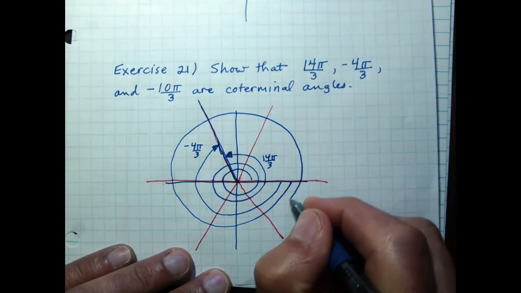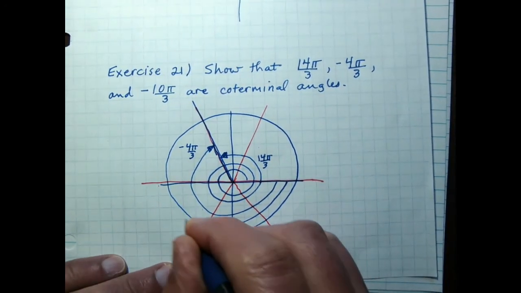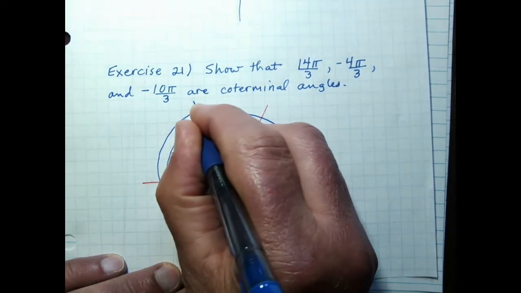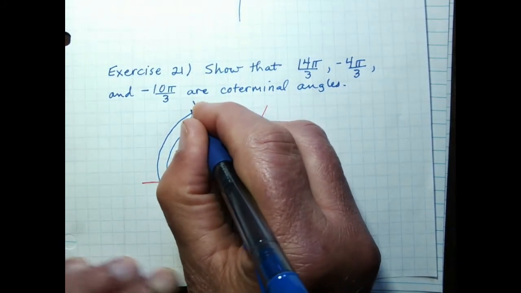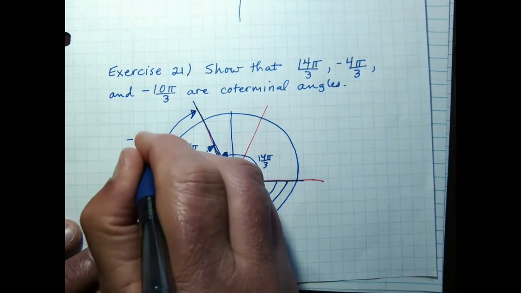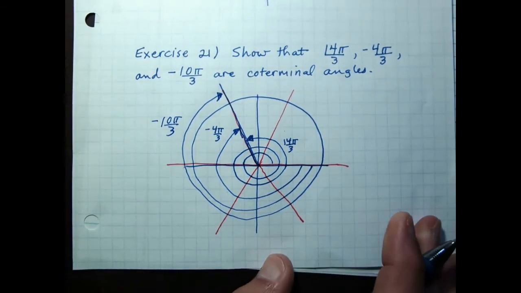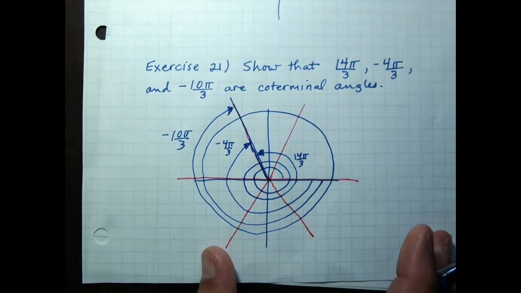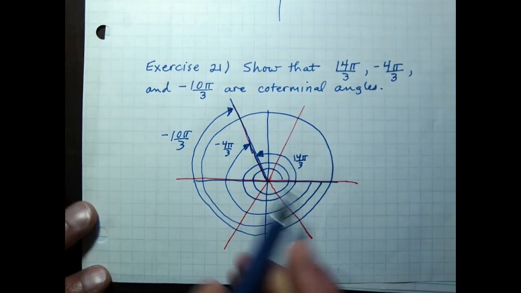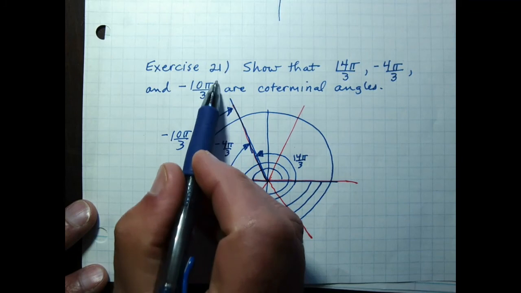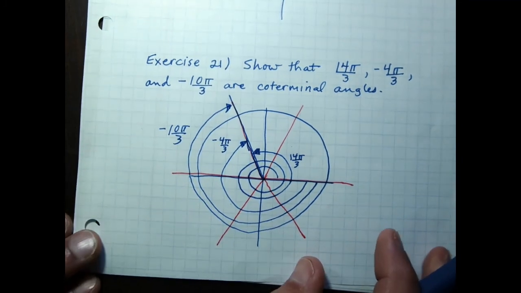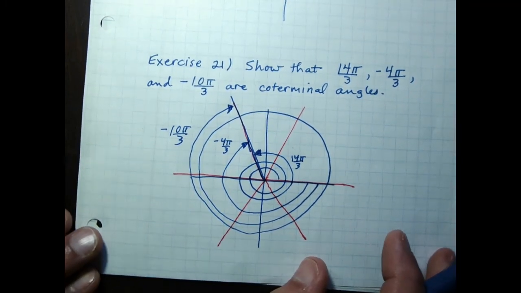That's negative 6, 7, 8, 9. There's that negative 10 pi over 3. So we can see from this drawing that each one of those shares this same terminal side, so those three angles are coterminal.